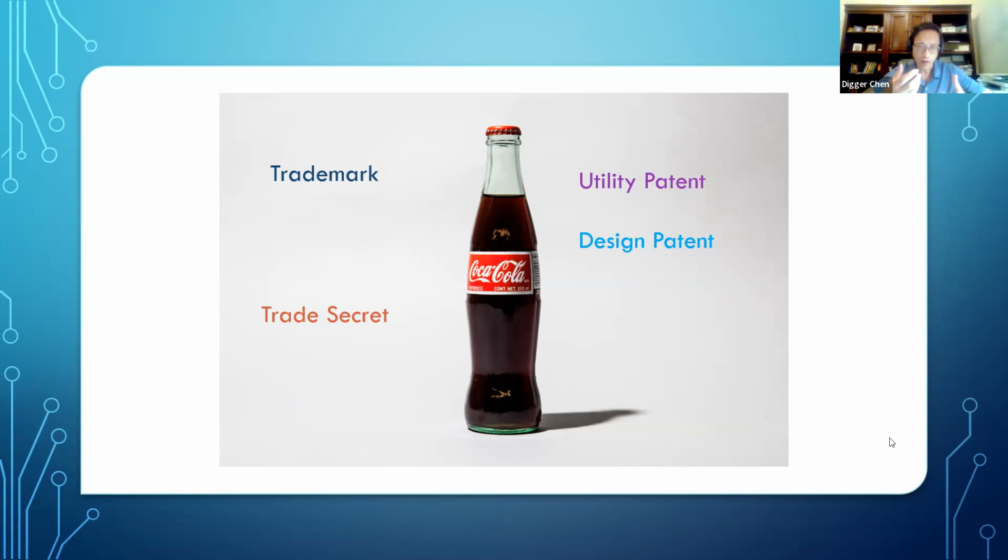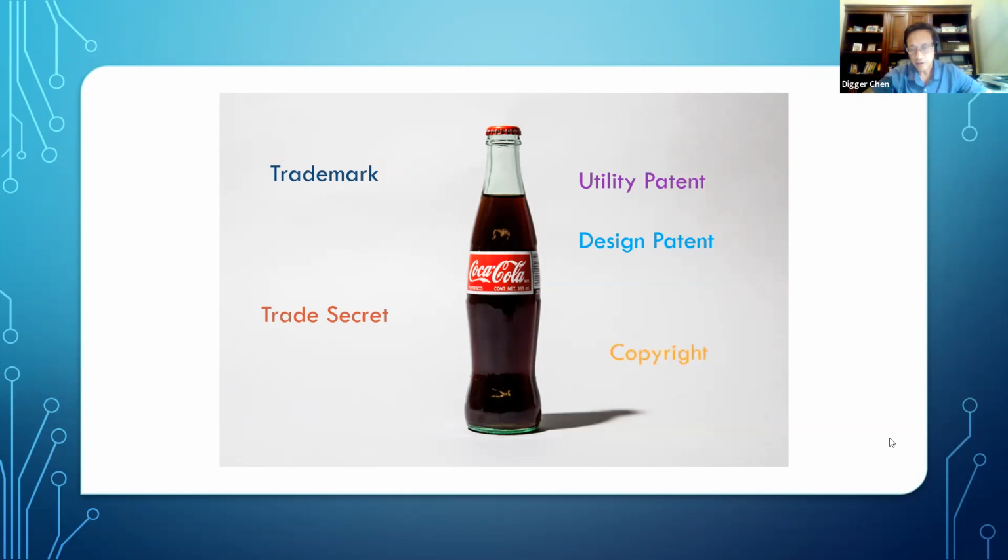And utility patent: somebody says the design of the cap is also a design, but Coca-Cola does have utility patents, like a tamper-resistant cap that handles pressure. Not only design, but utility patent is what we want to focus on tonight.